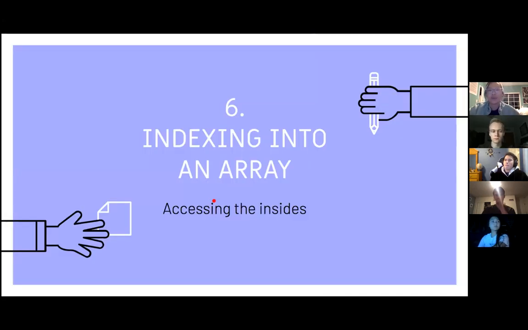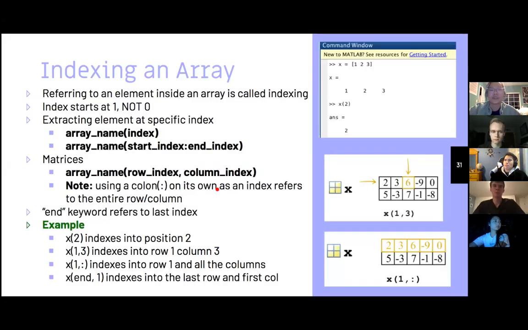And now we're just going to look at how we're going to index into an array after creating them. Indexing an array is when you refer to an element inside the array and you want to extract that value.